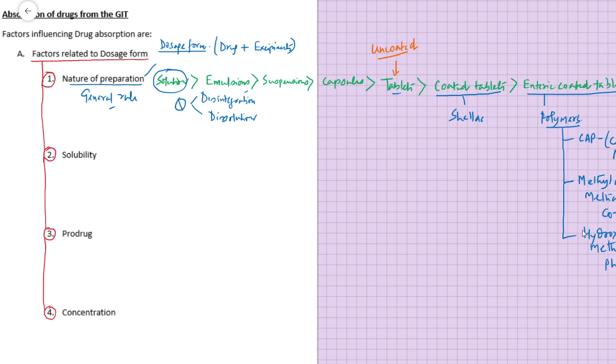There are other examples, but these happen to be the most common polymers which are used to coat tablets to make them enteric coated. Now we are going to discuss the whole concept of enteric coating. Why do we do this coating?